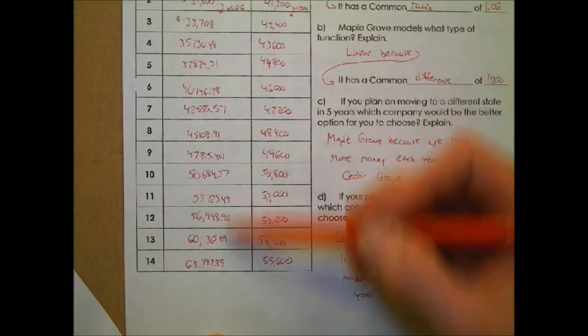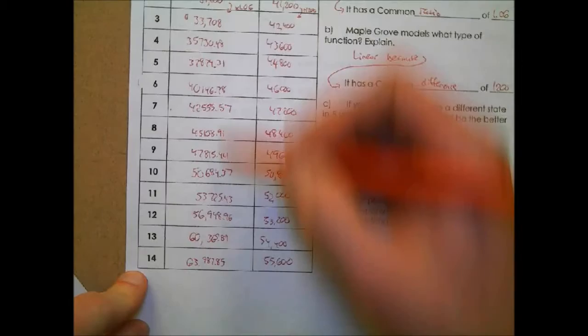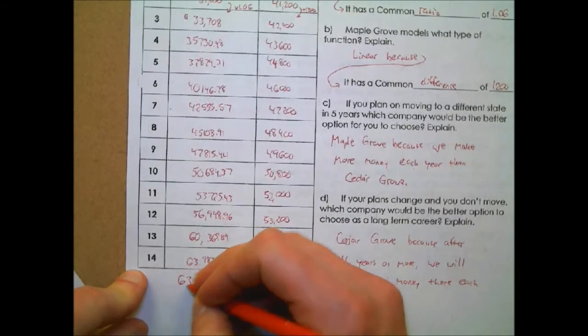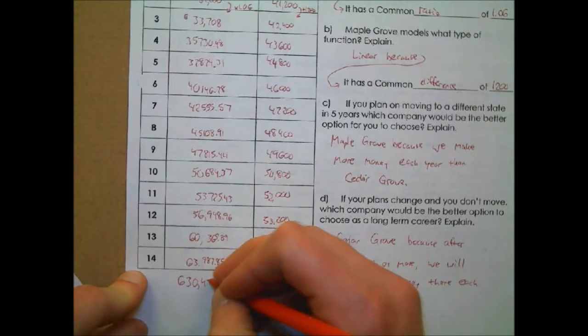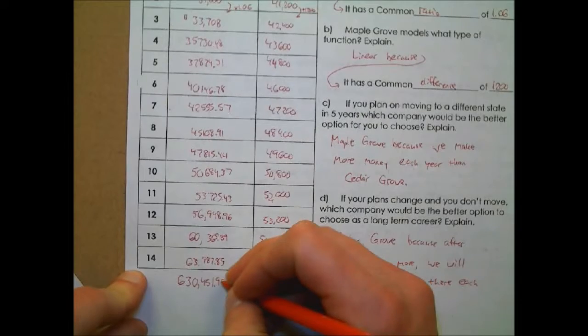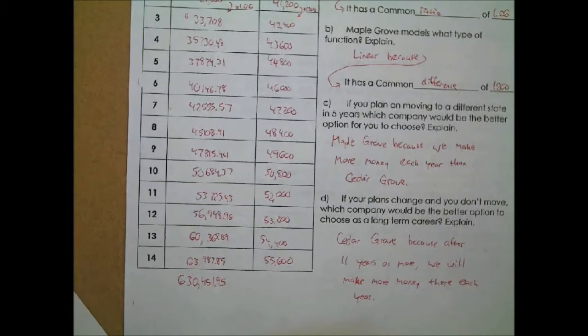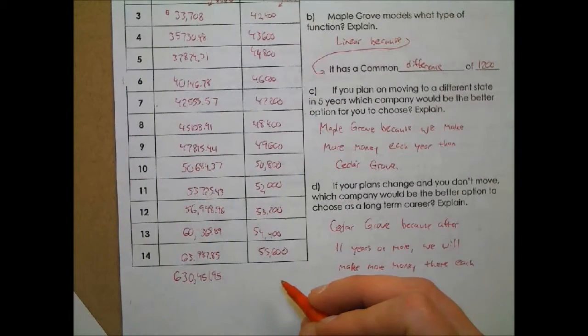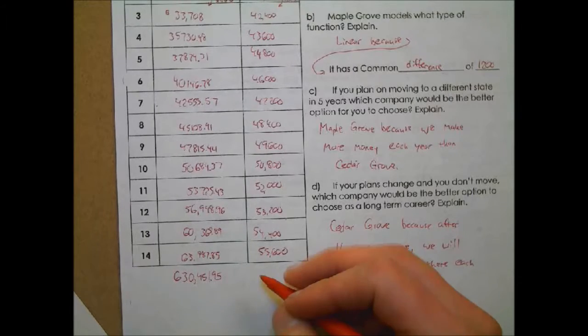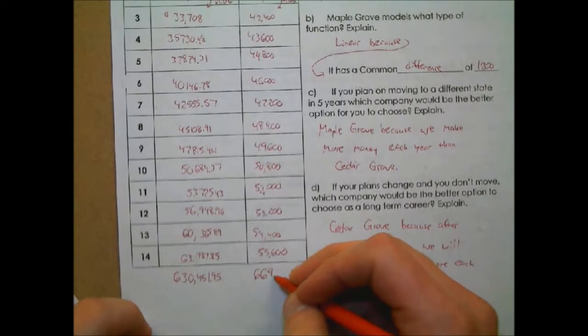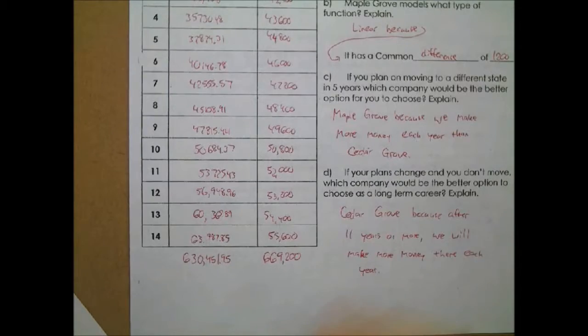Now, if we add all this column up, the sum is $630,451.95. If we add up this column, guess what? $669,200.